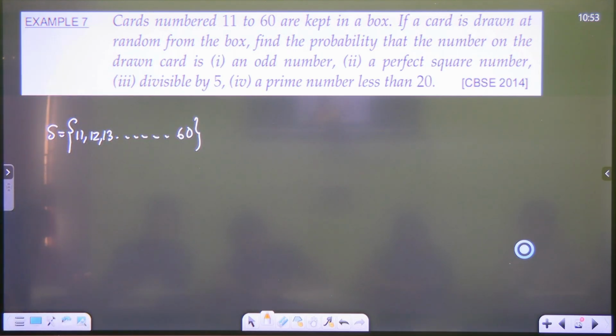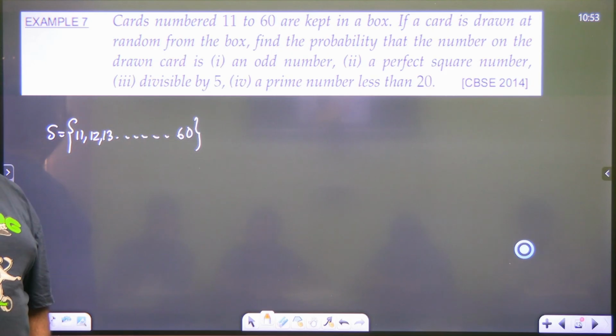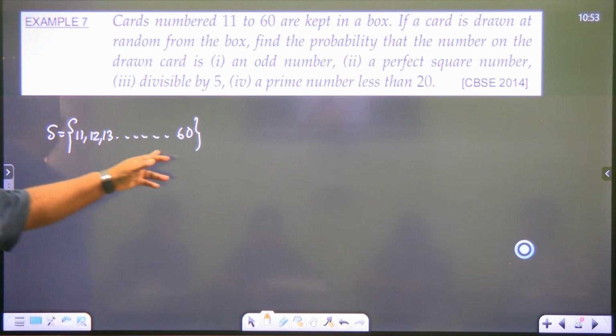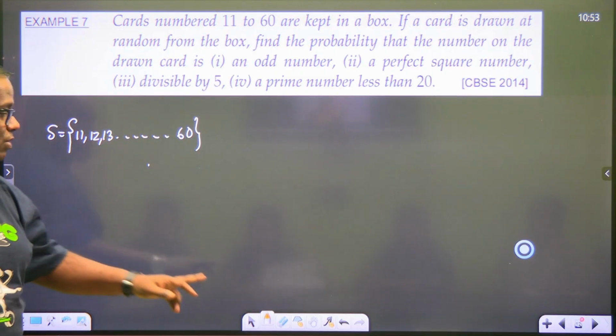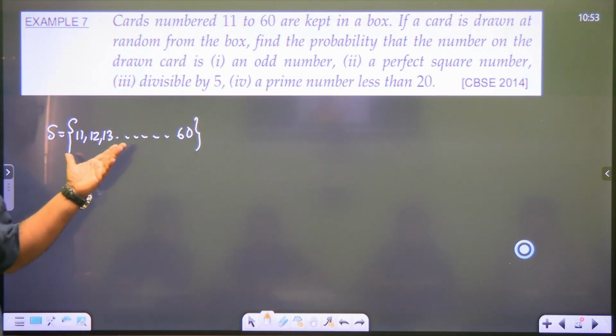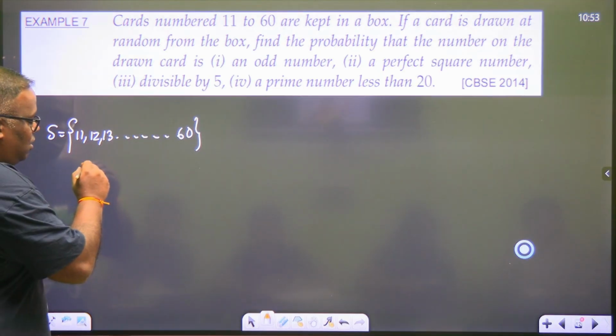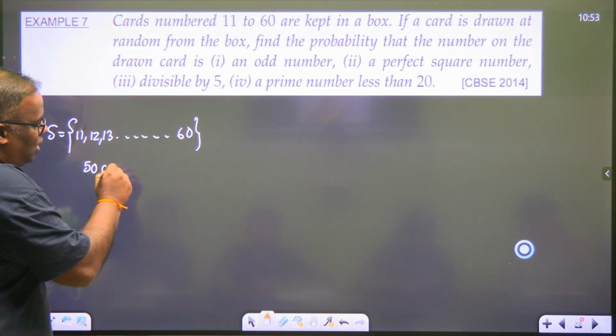Right? How many cards? 11, 12, 13, 14, 15, 16, 17, 18, 19, 20. So how many cards? 50 cards are there. Cards are numbered from 11 to 60. ये सब तो काम में नहीं आता ना. Options चाहिए हमें. So how many cards? This is 50 cards actually.